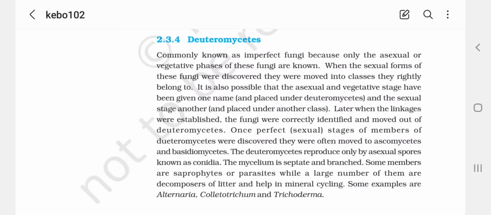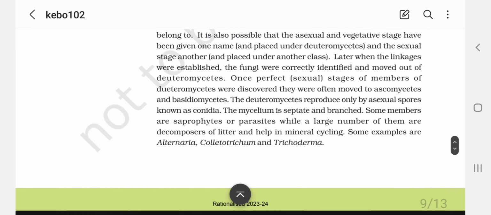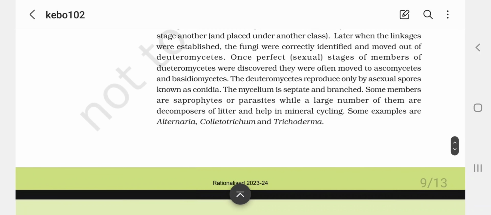The mycelium is septate and branched. Some members are saprophytes or parasites, while a large number of them are decomposers of litter and help in mineral cycling. Some examples are Alternaria, Colletotrichum, and Trichoderma.